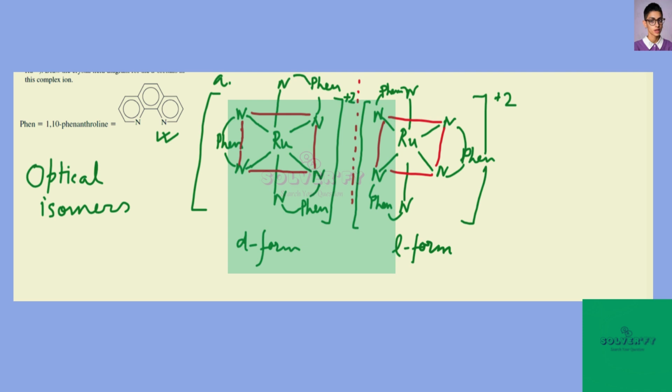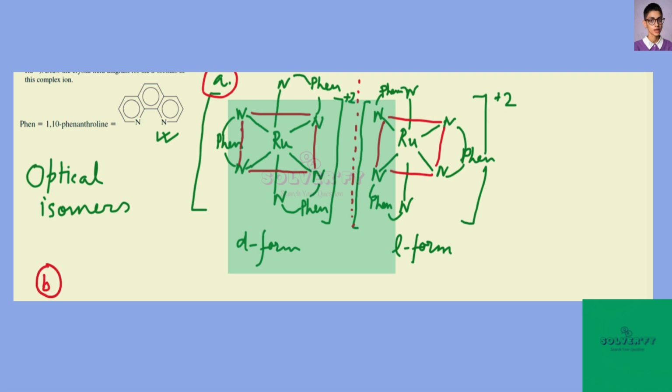And one more important thing about this enantiomer is that there is no element of symmetry in the molecule, and that is why the mirror images are non-superimposable mirror images. So this is the first part of the question, that is A, and now come to the B part.